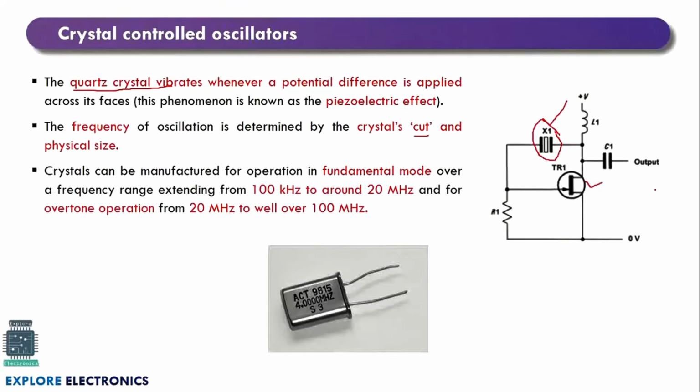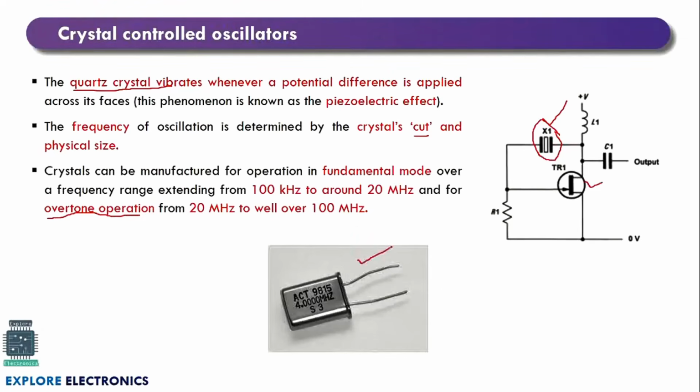What is the amount of frequency we can get from these crystal oscillators? If it is operating in a fundamental mode, the output will be from 100 kilohertz to 20 megahertz, means high frequency generation can be made using these crystal oscillators. And if it is operating in an overtone mode or overtone operation, we can expect an output of 20 megahertz to 100 megahertz from these crystal oscillators.